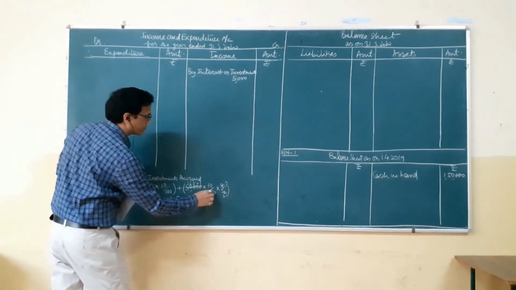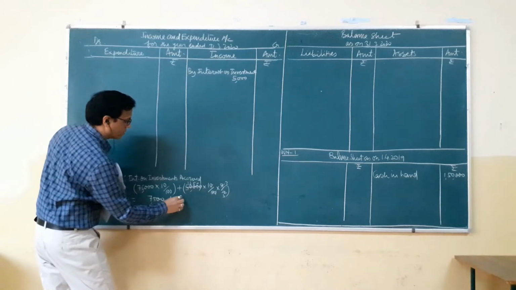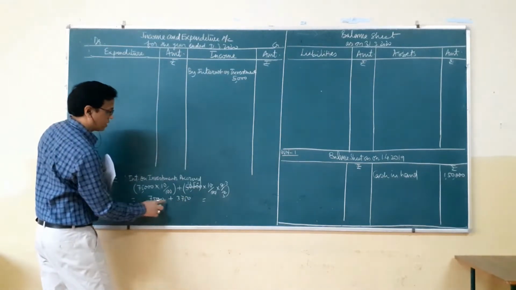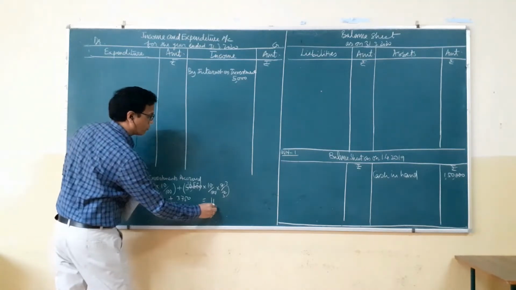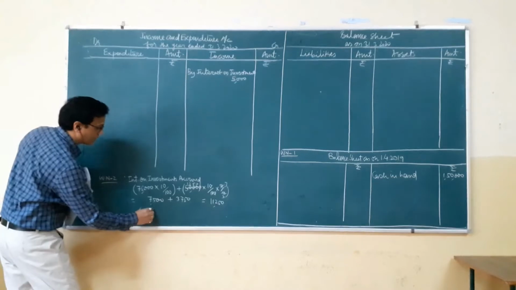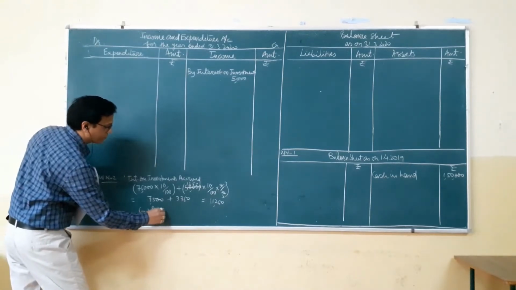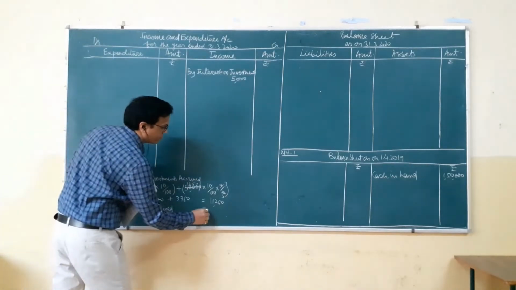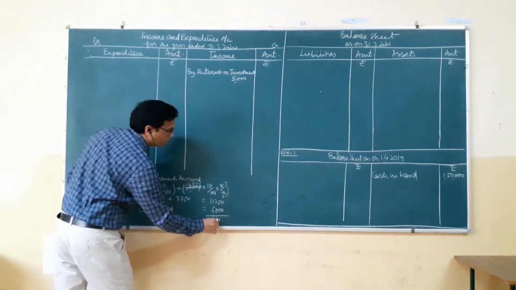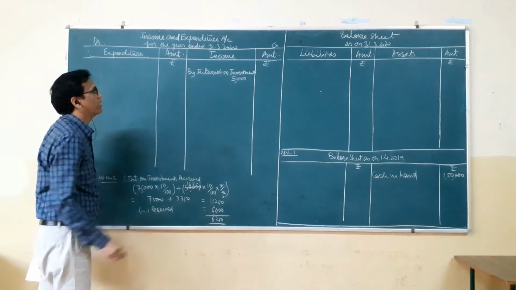So 3,750. So total amount is 11,250. Minus received. How much have we received? 5,000. It means 6,250 is our accrued interest.